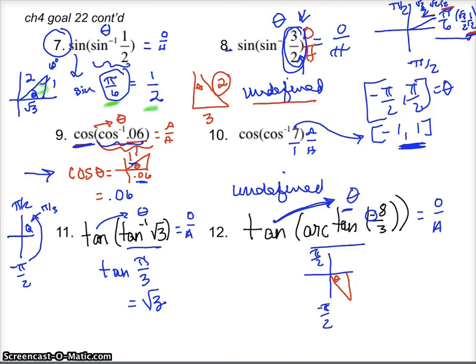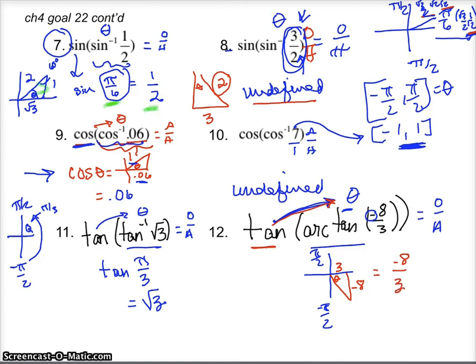And we now have opposite over adjacent. We could use the Pythagorean theorem to calculate the hypotenuse, but it's not necessary because the outside asks us to find the tangent of angle theta. And tangent evaluates opposite -8 over adjacent +3.